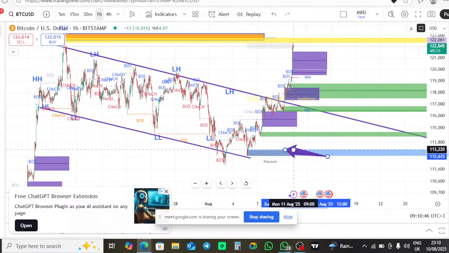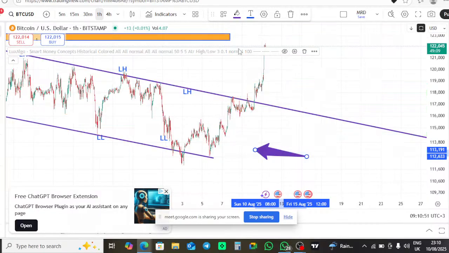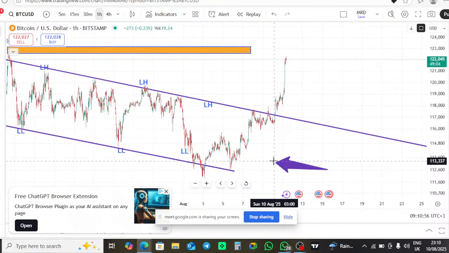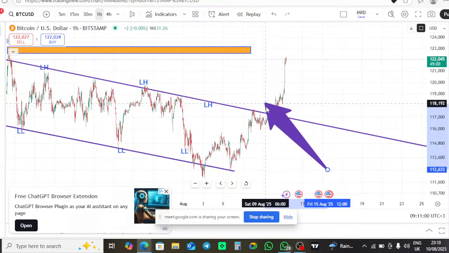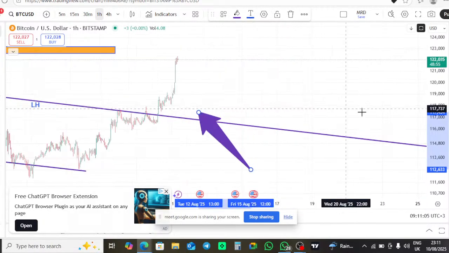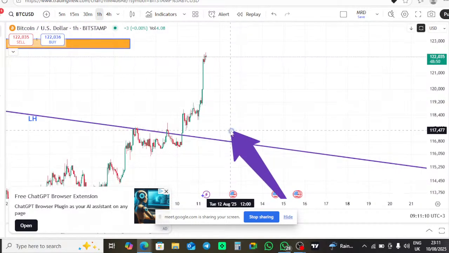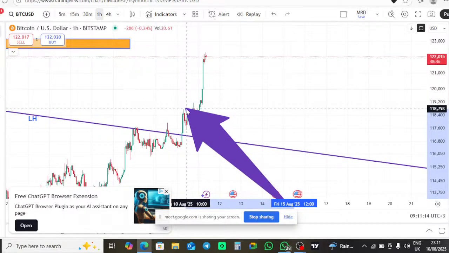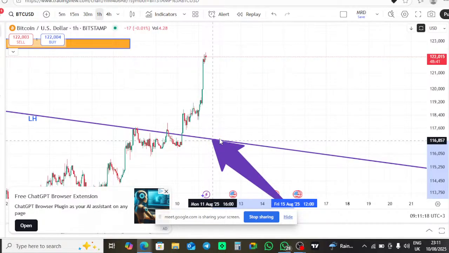So now when we look at the chart, we can see that we identified the breakout. After breaking out at this level, we can see the market trying to come back and test the line here. This was the breakout, and now the market was trying to come back to test the line.